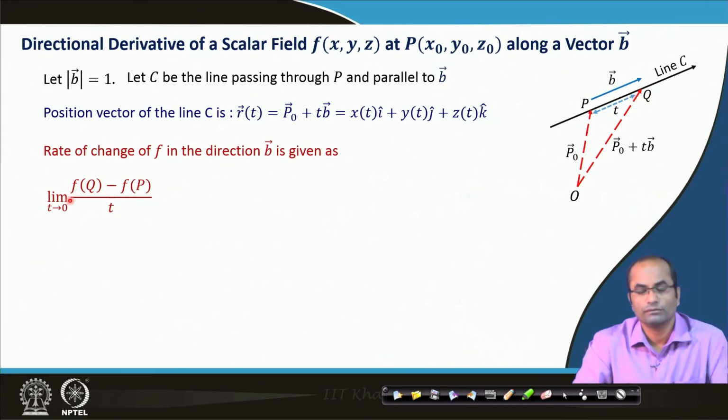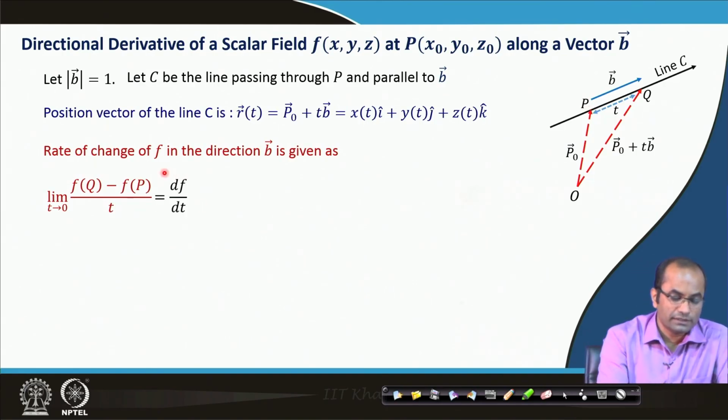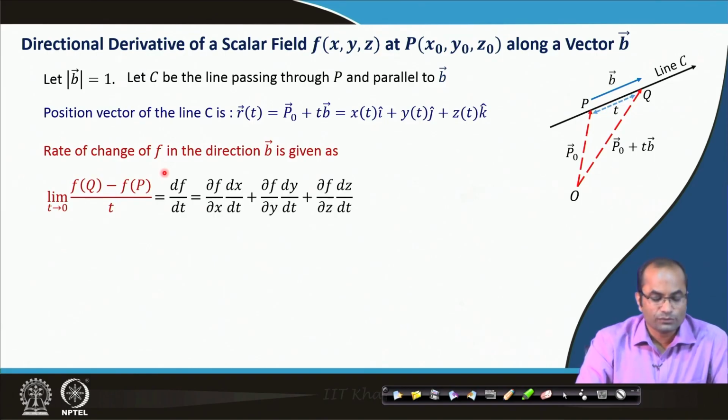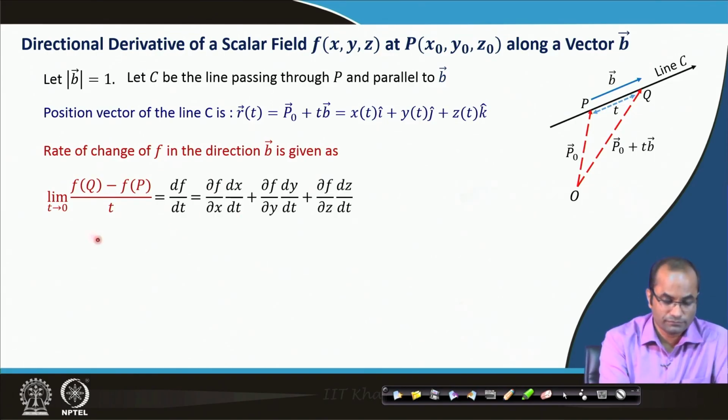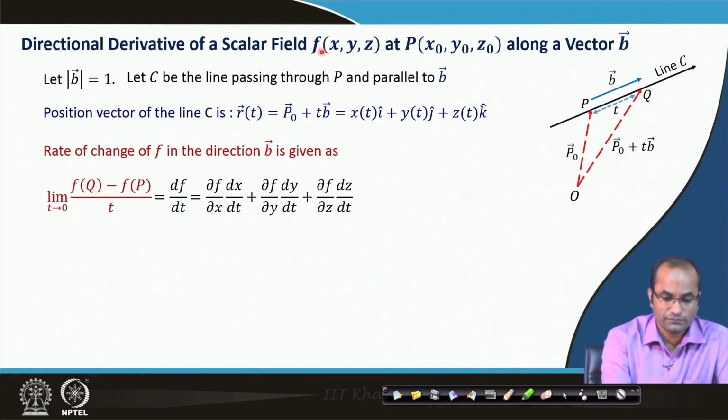Then we are interested in what happens to this quotient as t approaches 0, because we want to find the directional derivative at the point p. This is exactly the df over dt we want to compute, and using the chain rule we can have it, because f is a function of x y z.